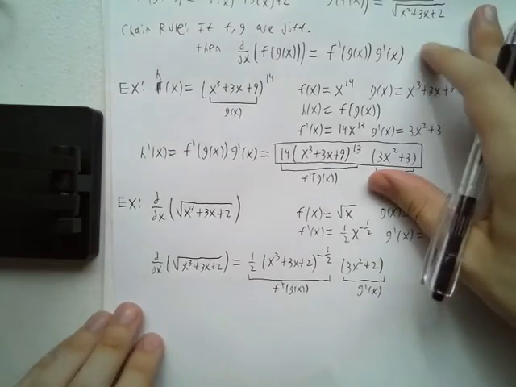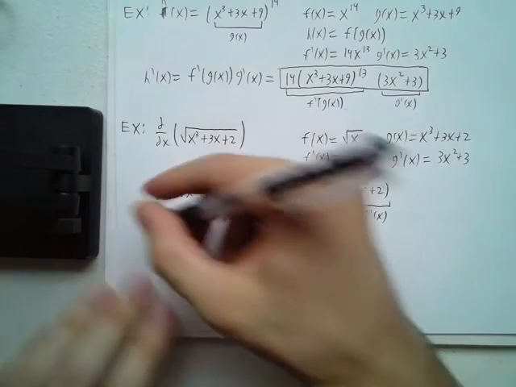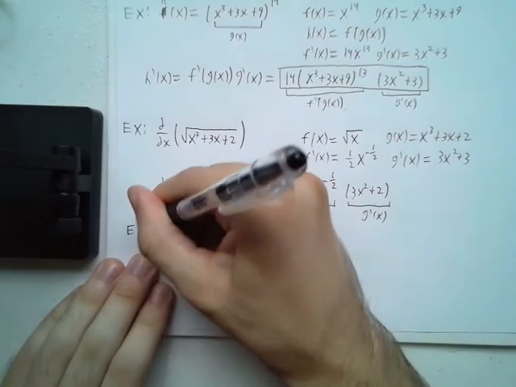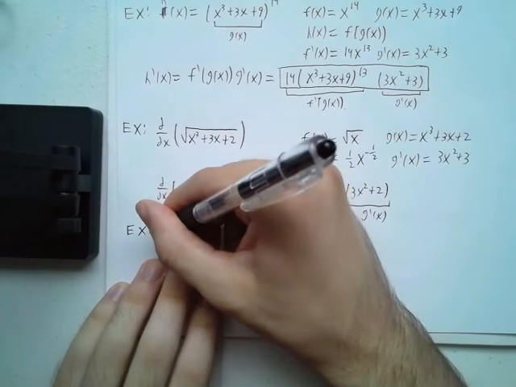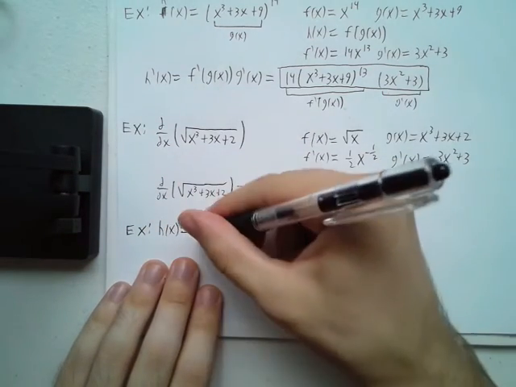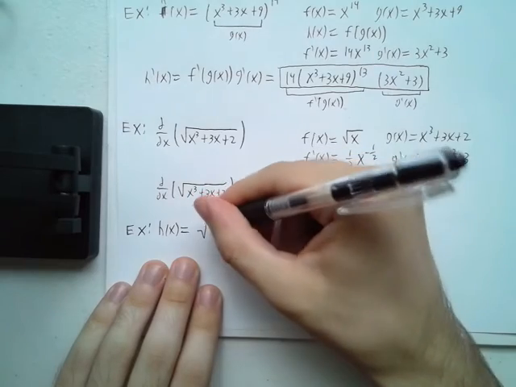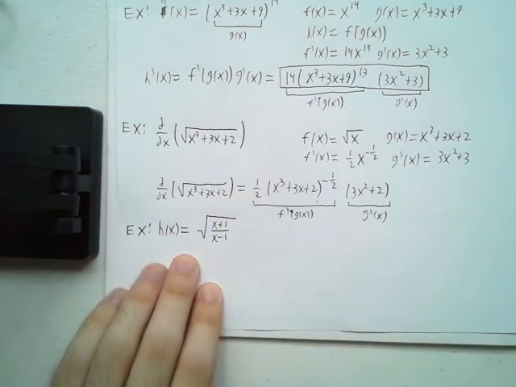Okay, let's do one more example. So let's suppose that we have the function h of x equals square root of x plus 1 over x minus 1.